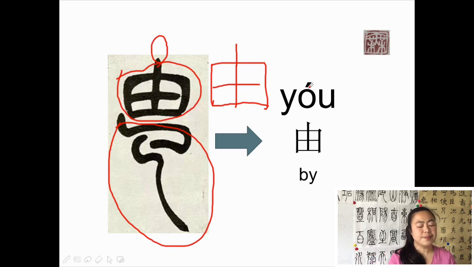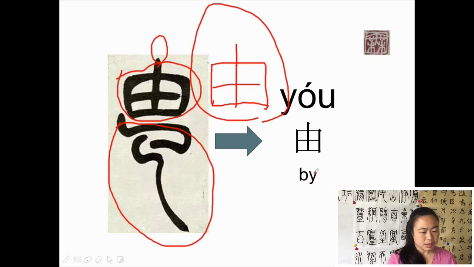So actually in Chinese characters, many characters with this part mean not sure, meaning slide or slippery or something. But this character we use as by, and we have another character like this.